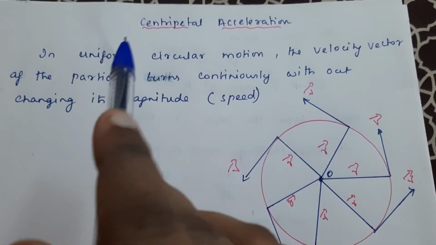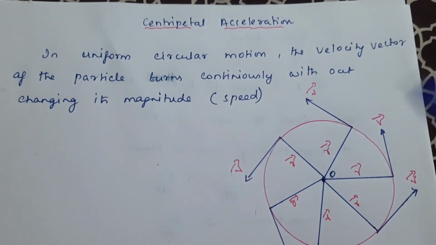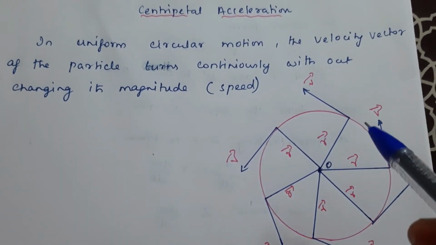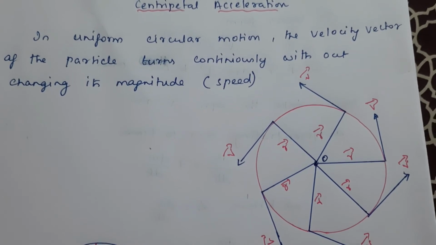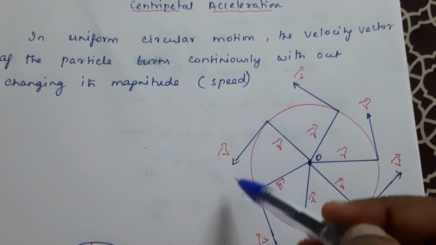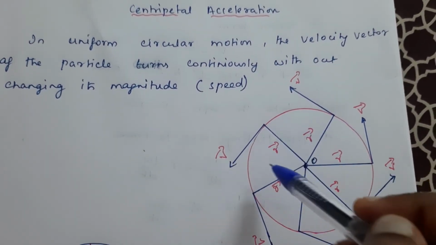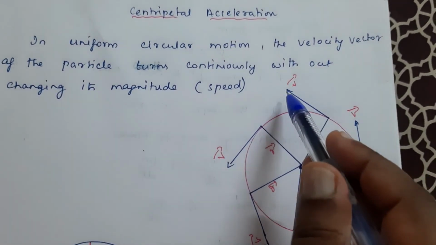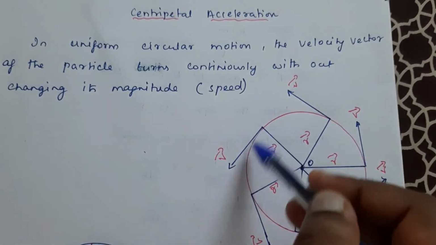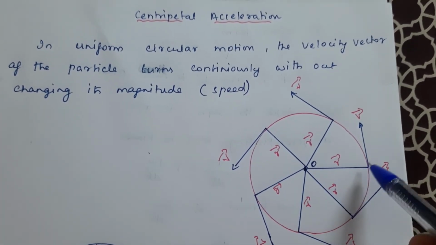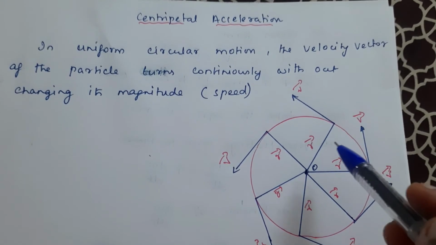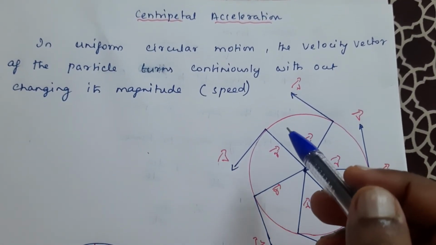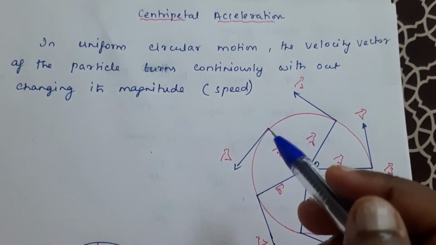In uniform circular motion, the velocity of the particle turns continuously without changing its magnitude. Here the particle is undergoing uniform circular motion. What is changing is the velocity of the particle, changing continuously, but the magnitude is the same.